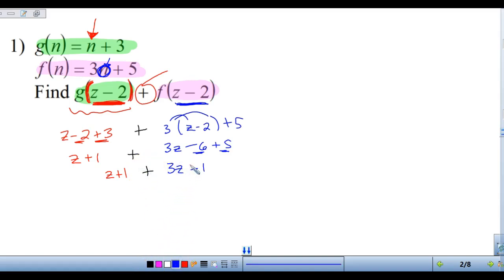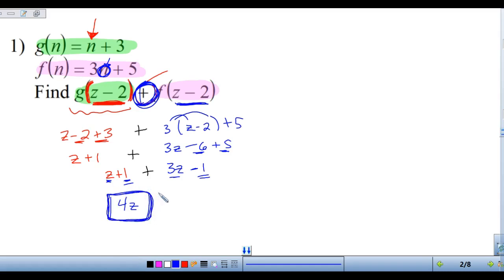So the two expressions are going to get added together because that's what this original problem told us to do. So adding just means combine like terms. So the z's can go together. Z and 3z is going to give us 4z. And then 1 minus 1 actually cancels out. So I don't have anything else. So my answer is just 4z. That's a simplified version.